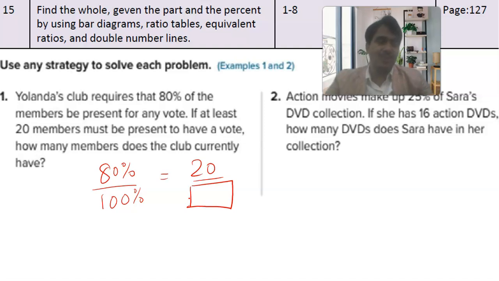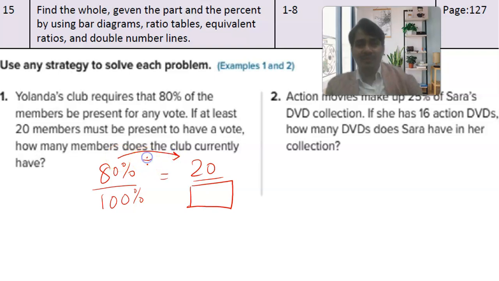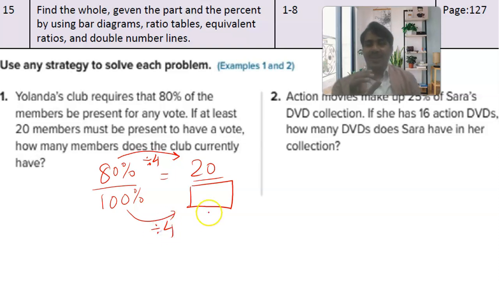Now see, this is also very clear that you have to divide this by 4 to get 20. So why don't we divide 100 by 4 and get the answer? So it is 100 divided by 4, which will be 25.